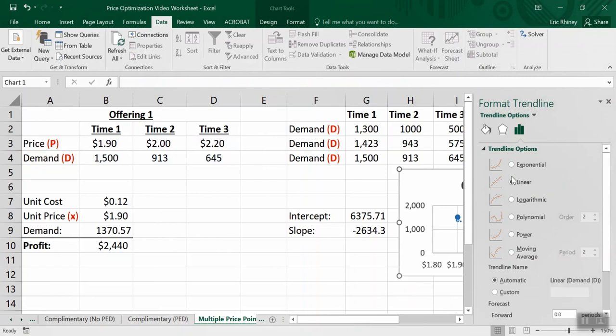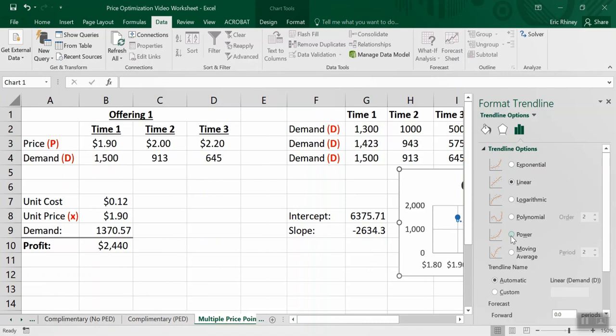And you can see we have some other trend line options: exponential, logarithmic, polynomial, power, and moving average. And what we're going to use is a power. You could use an exponential or a logarithm, but in this case, a power might work just fine.